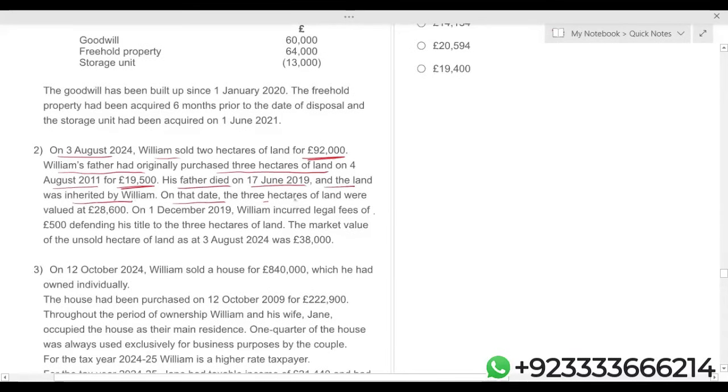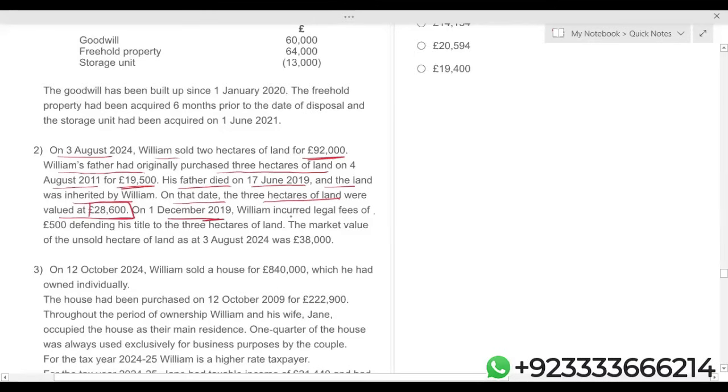On that date, the 3 hectares of land were valued at 28,600. Basically, for William, the value of 3 hectares is 28,600. This is the inherited cost value; there's another term which we use, probate value. So when you are getting an asset due to inheritance, whatever the value is at that time, that is the value for William, which is 28,600.